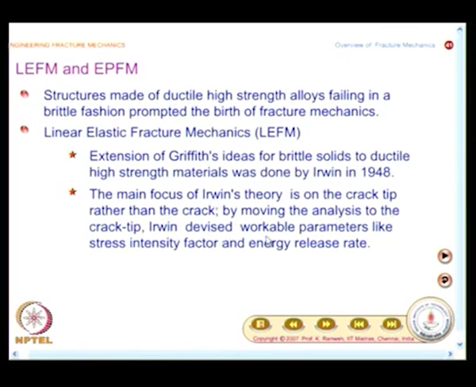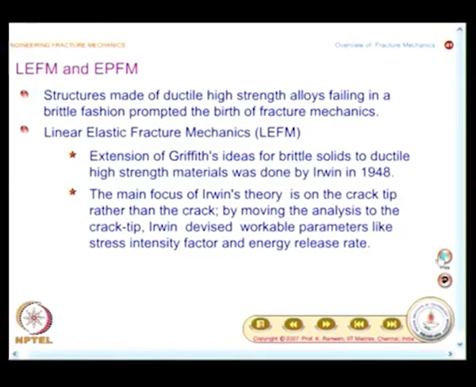So, by moving the analysis to the crack tip, he devised workable parameters like stress intensity factor and energy release rate. That was a very important contribution by Irwin, and even in one of our earlier classes, I showed that the crack tip is taken as the origin and the crack axis as the x axis.